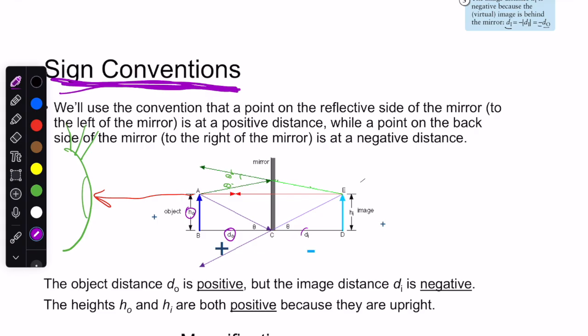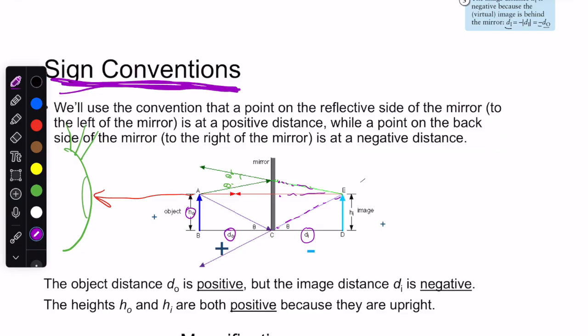The image distance, if it's a virtual image, so if that image is formed on the non-reflective side of the mirror, behind the mirror, it's a virtual image, right? Because we had to create these pretend rays because that's all our little simple eye-brain optical system knows, right? We had to create these virtual rays in order to produce that image.